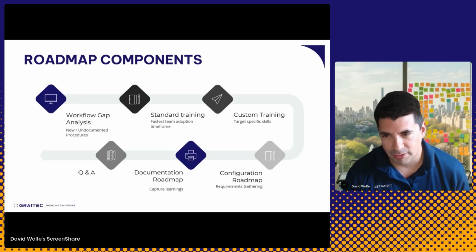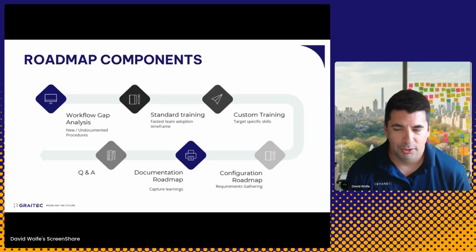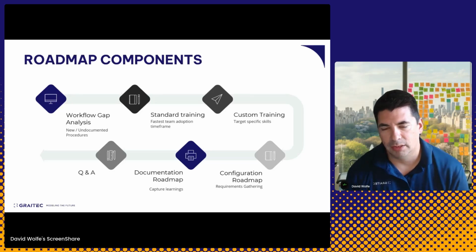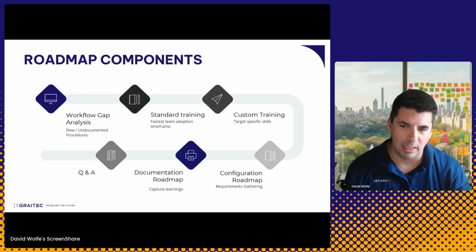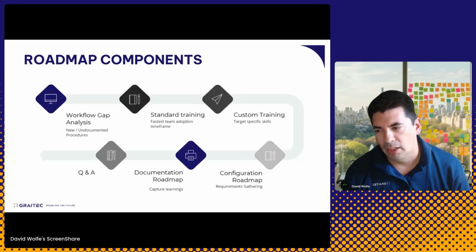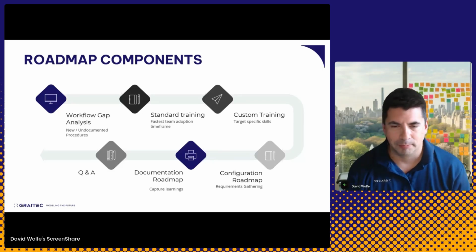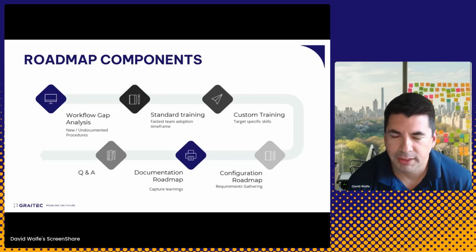Maybe your lines aren't all tagged. Maybe you try to run a line list and you get a bunch of question marks. So the standard training helps people have all the same fundamentals and all agree on the general way the product works and how it's used. We're exporting to Excel. We know how to substitute things. We can convert objects. Things like that are covered in the standard training process.